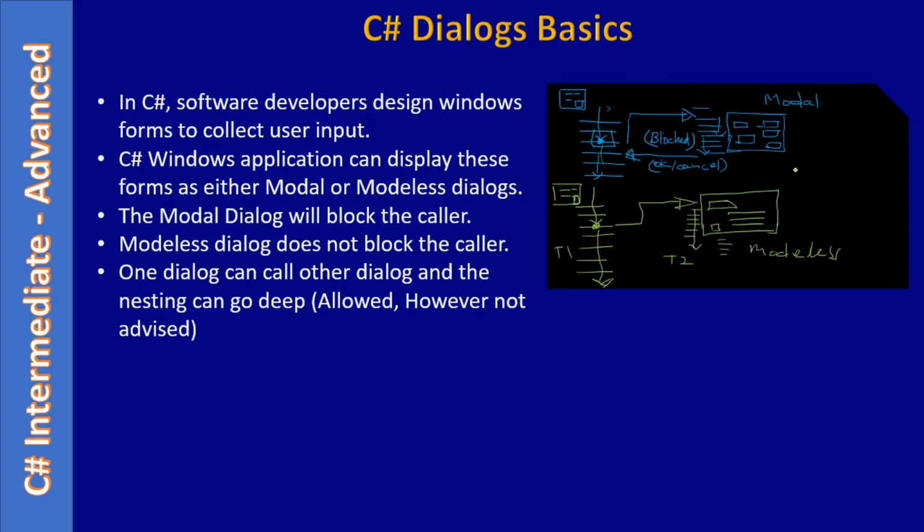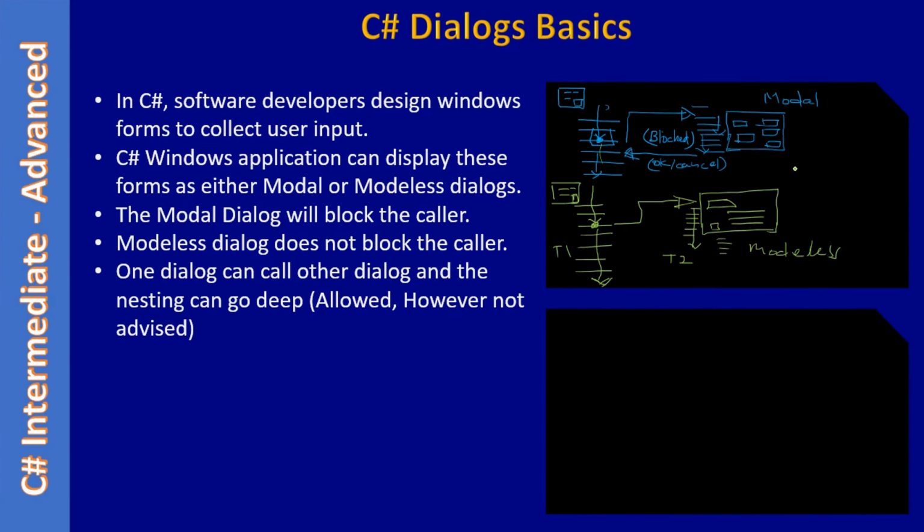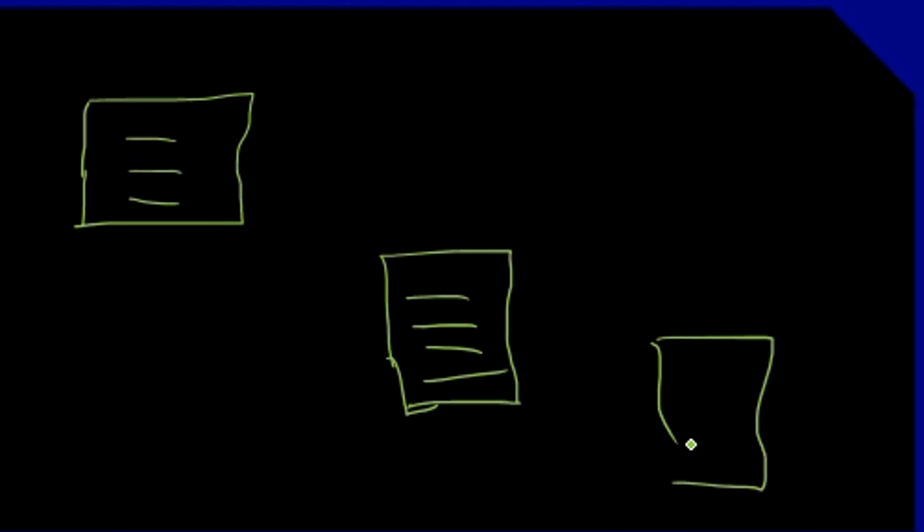But here we are talking about the nesting. So for example, this is one dialog, and for simplicity, let's consider all our modal dialogs. So this is one dialog, and this one is one dialog, and here is one dialog. And let's consider everything as modal dialogs.